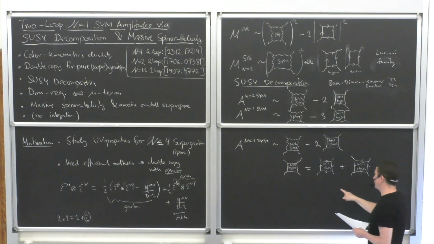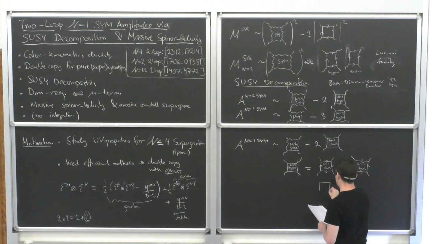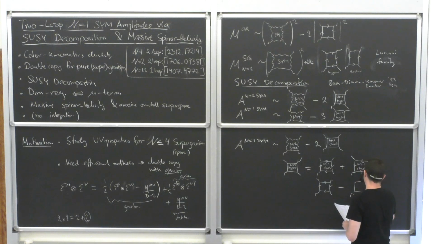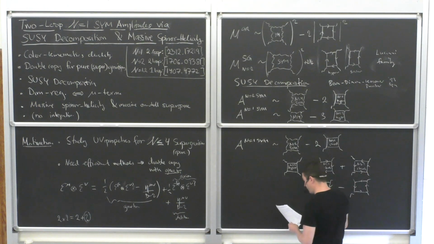Now, I could also, of course, take the difference. Minus. That's certainly not something which has n equals 2 supersymmetry. This still has n equals 1 supersymmetry.